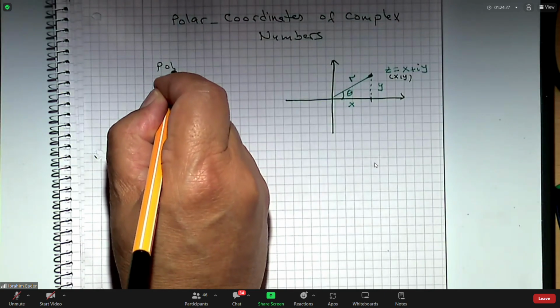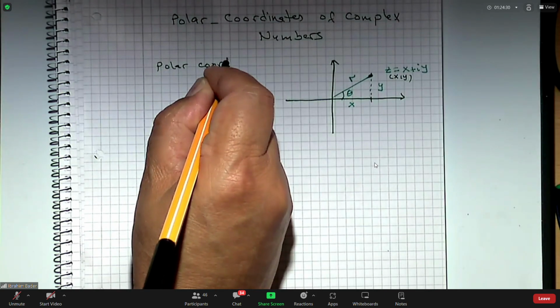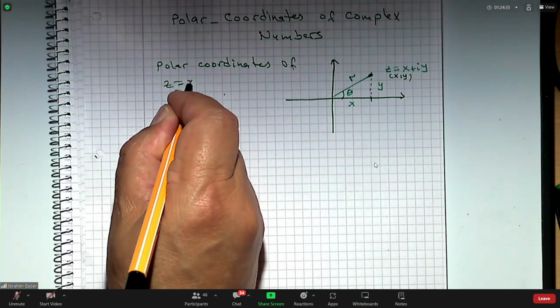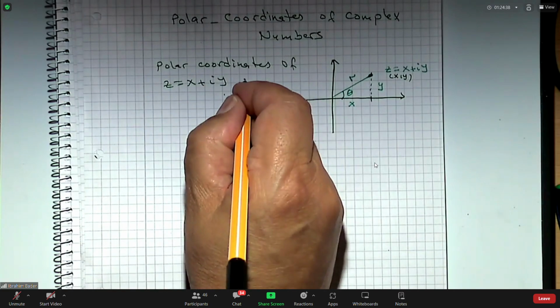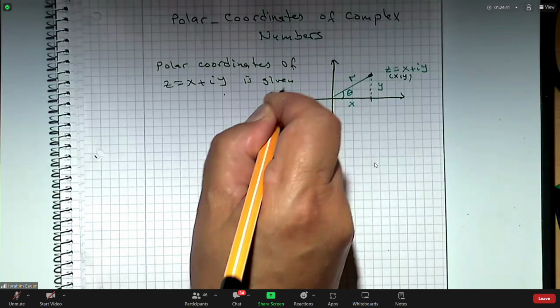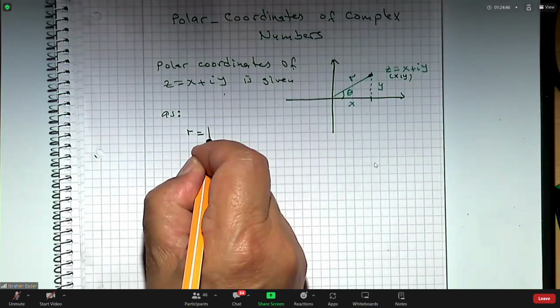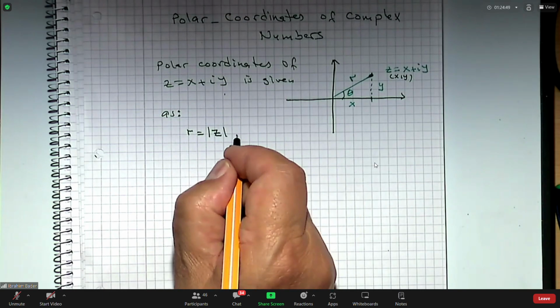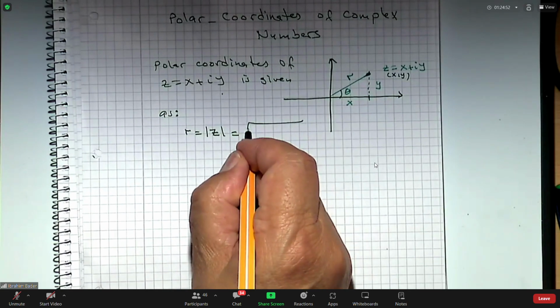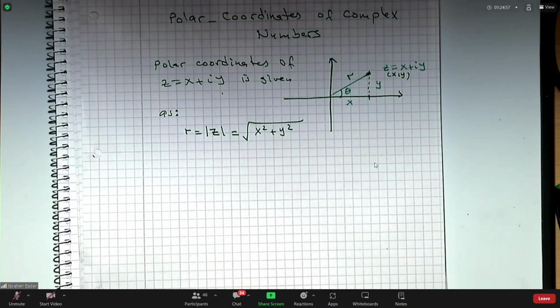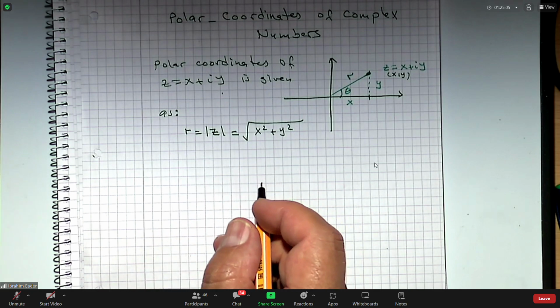The polar coordinate of a number z equals x plus iy is given as, first of all, r, or sometimes it's just called the magnitude of z, if you like to refer to it as a vector. So r is the square root of x squared plus y squared, very simple. And this is always a magnitude that is greater than or equal to 0. And what about theta?